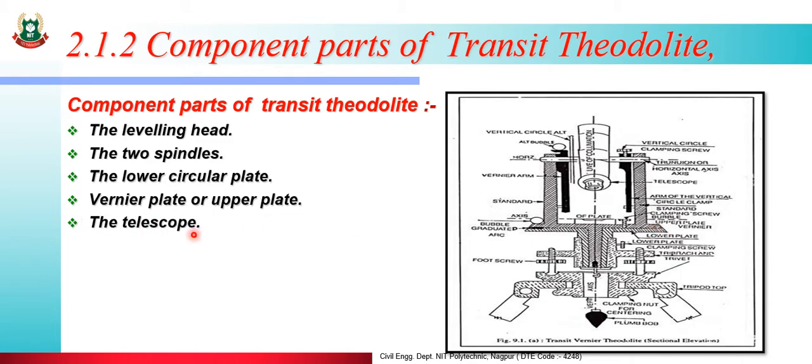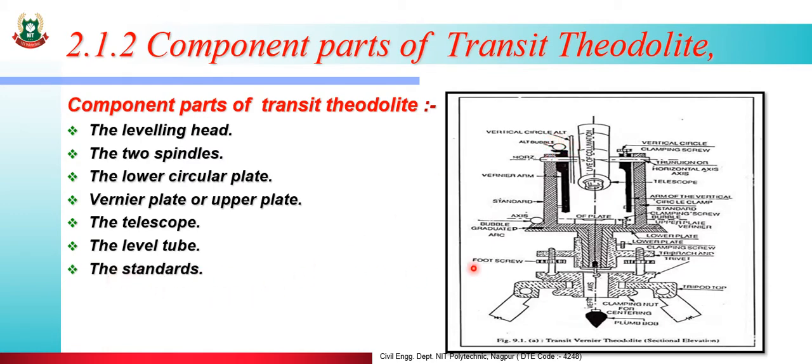The telescope. Dear students, we have already seen and used the telescope in dumpy levels. So this is the same type of telescope. The level tube. You are also aware the level tube is used for leveling. This is a horizontal circle level tube and this is a vertical circle level tube, known as altitude bubble.